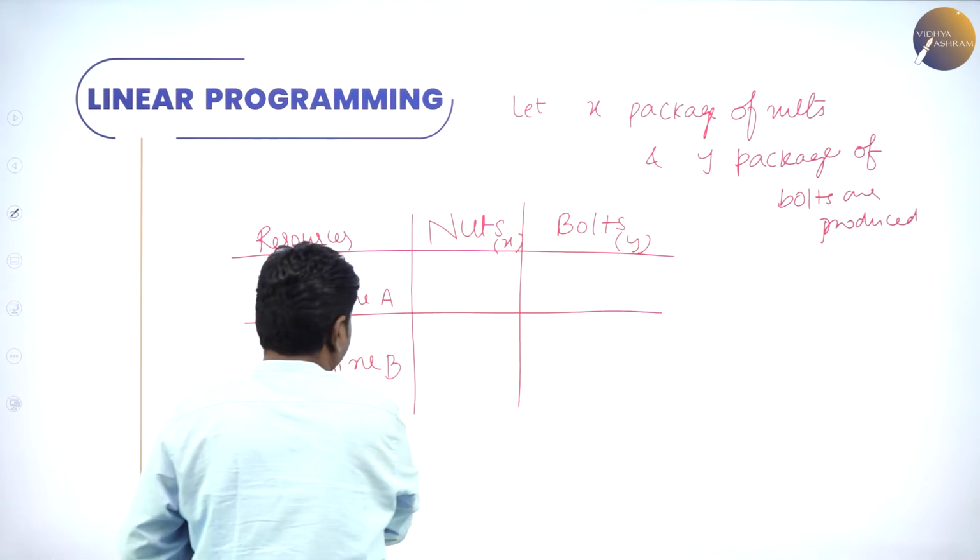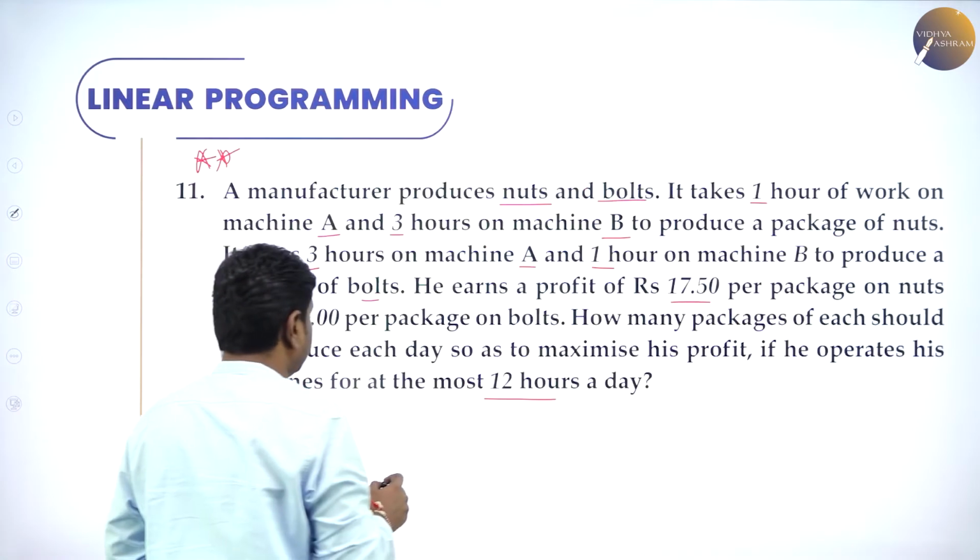Machine A and machine B are the resources. So now what is given?